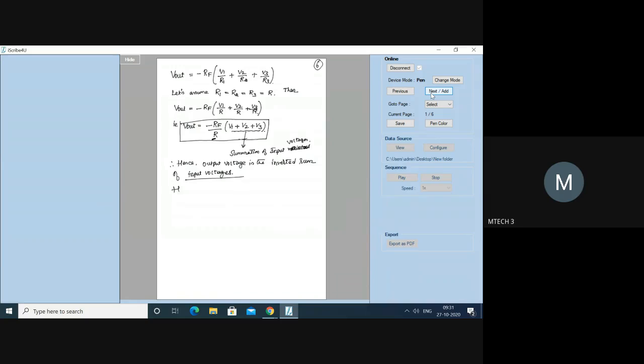Hence it is called summing amplifier, also called adder circuit. If you want to add the voltages, you can use the summing amplifier. Therefore, the summing amplifier adds the input voltages.